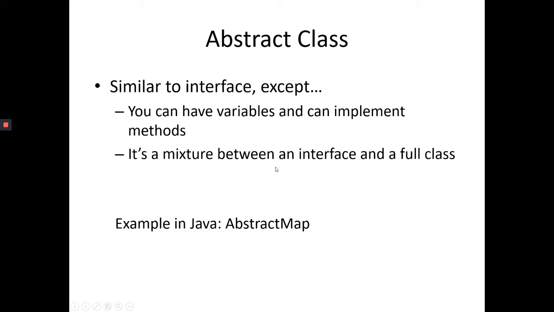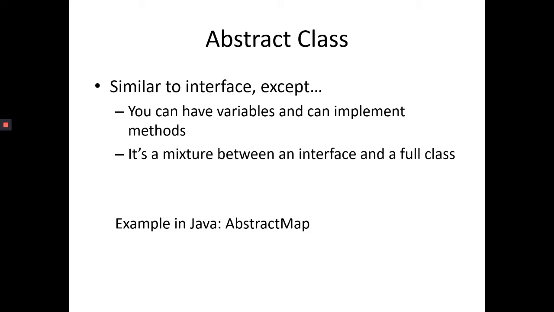The other type is called an abstract class. And it's very, very related, because it's just like an interface, except it tries to find a middle ground between an interface and a class. So what it does is it says, you can have some methods that aren't implemented, but if you want to implement some, go right ahead.